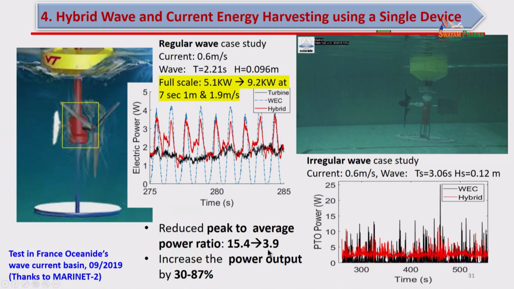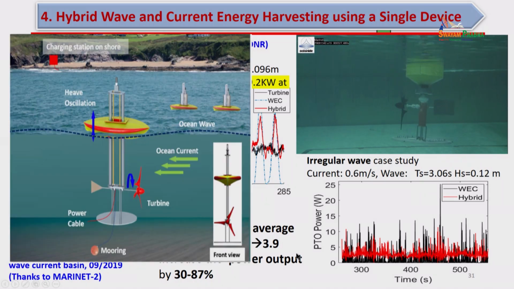As I mentioned, if you want a 100 kilowatt device with a peak to average ratio of 15, you have to design your system to survive 1.5 megawatts. Now you only need to design to survive 400 kilowatts. So we decrease the peak to average ratio.